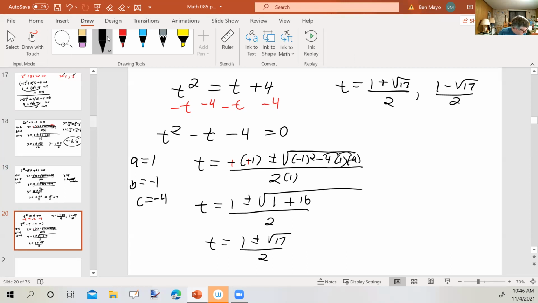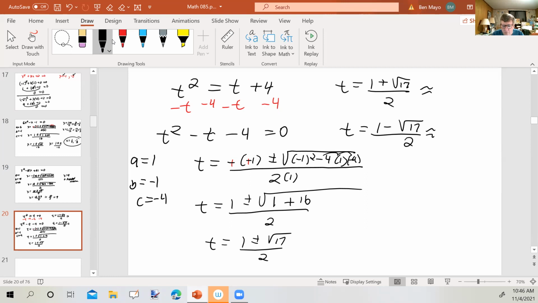But then the instructions also say approximate the solutions to the nearest hundredth. So what I'm actually going to do is this. I'm going to go back and erase this answer, and I'm going to put it down here. And then we're going to go on and do the decimal approximations for each of those answers.